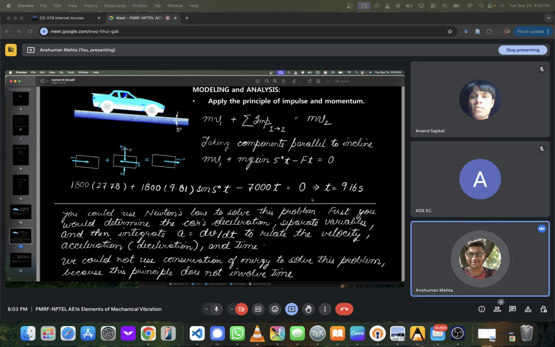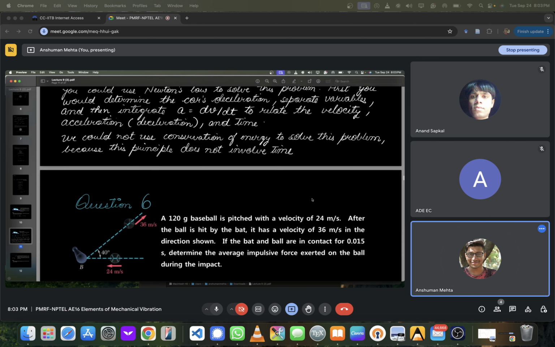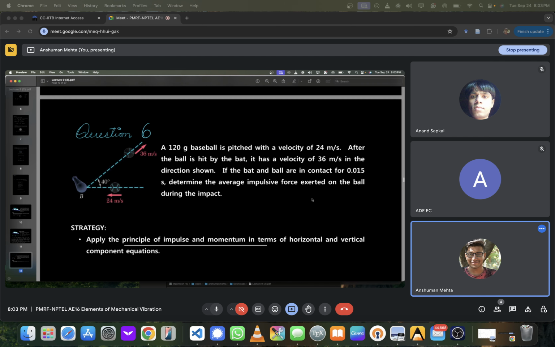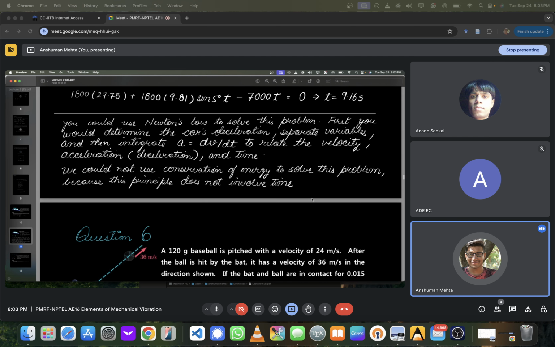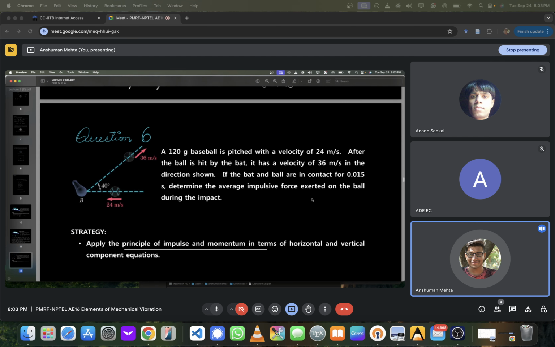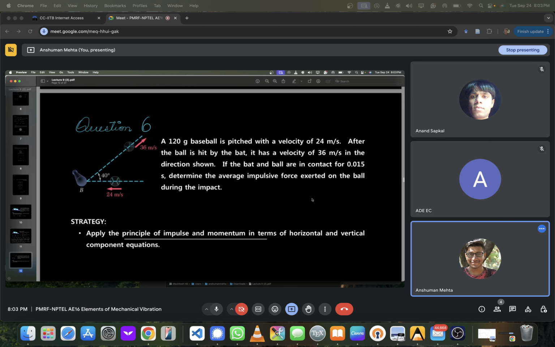Now determine the distance traveled by the automobile as it comes to a stop. So the strategy is to evaluate the change in kinetic energy and then determine the distance required for the work to equal the kinetic energy change.